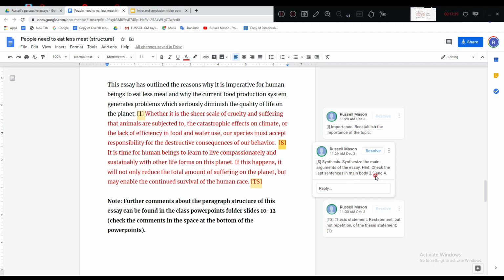So we already talked about how the thesis statement and the statement of importance occur in both the introduction and conclusion. We also talked in a previous video about how the topic sentences should support the thesis statement.